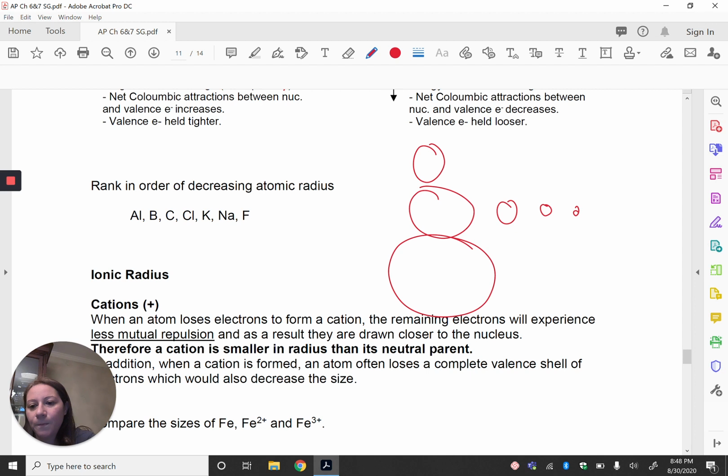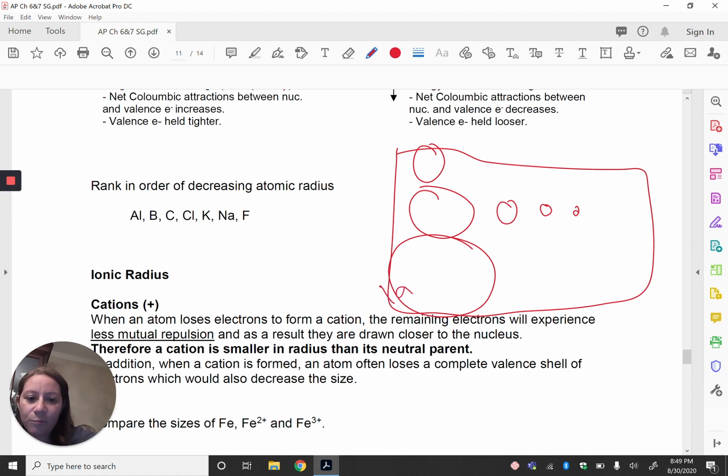So what you do is you look at a periodic table, and if this was my periodic table, for example, right here, you pick the corner of the periodic table that has the largest sizes. In this case, it would be this corner where francium is.